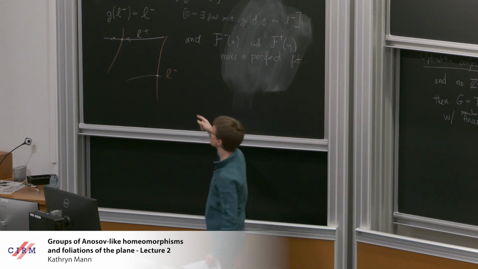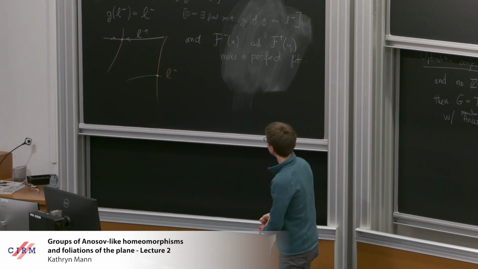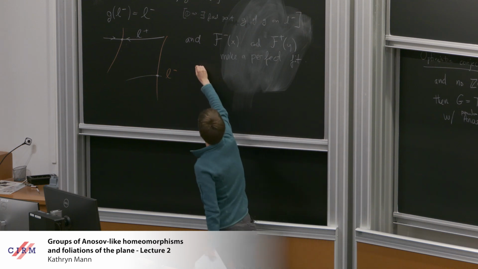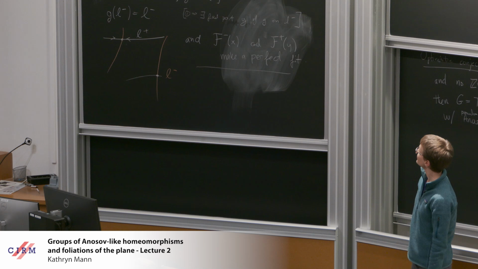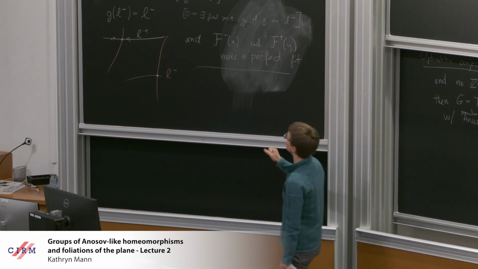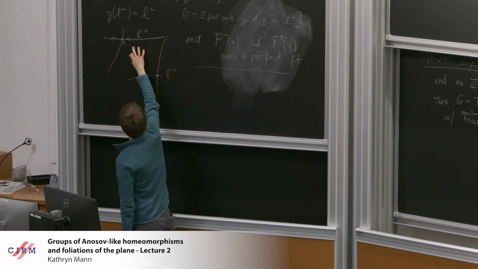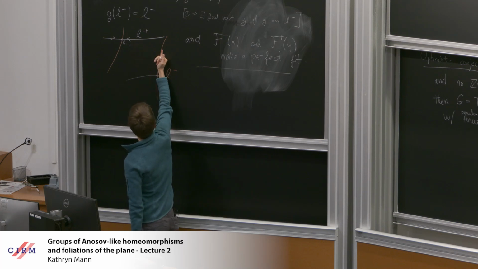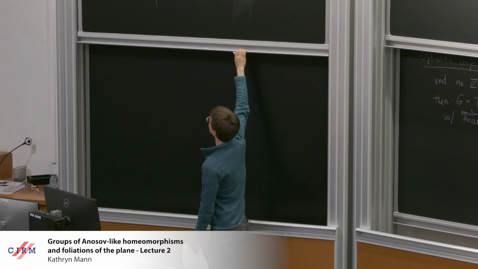So a perfect fit plus a fixed point gives me another one. Okay. Let's prove this. Half of it is already done. So I have L plus, I have my point X, and I need to show next that this leaf L minus is fixed. I'll keep the statement.